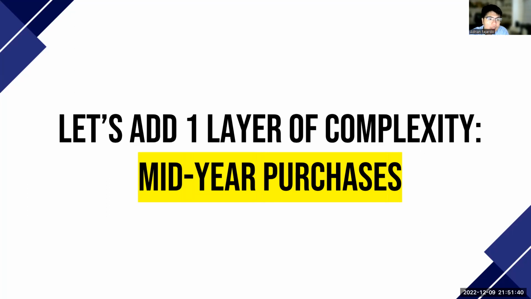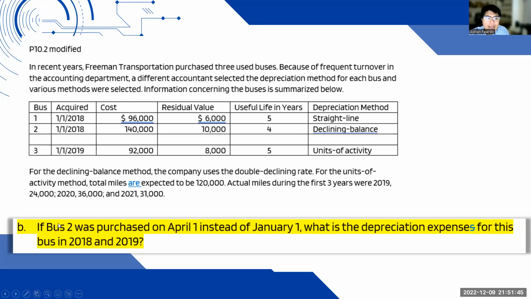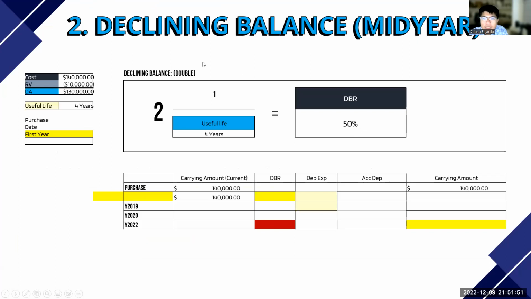Right? But in this particular exercise, it had a scenario where if Boss 2 was purchased on April 1, what is the depreciation expense for 2018 and 2019? So that's the given, but the difference is that it was purchased in April 2018 and it's a double declining. And therefore, if it was purchased in April, in the first year, we no longer account for 12 months of depreciation expense, but the depreciation from April all the way to December.